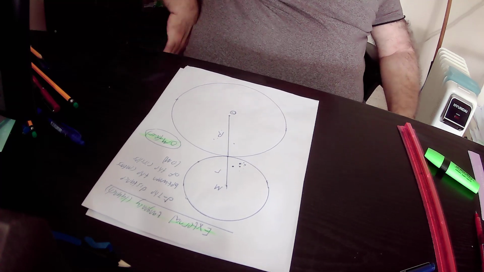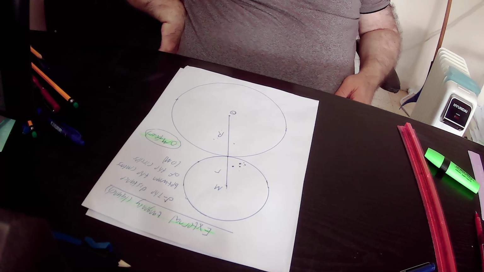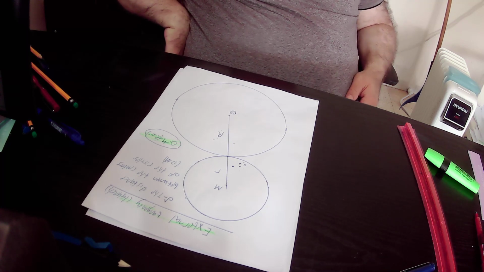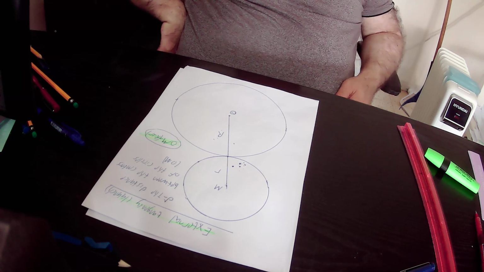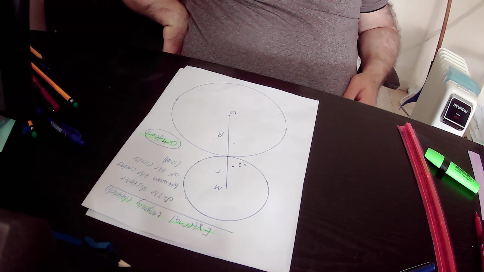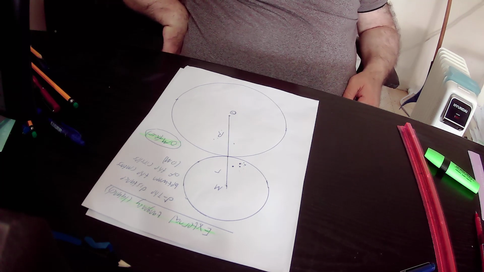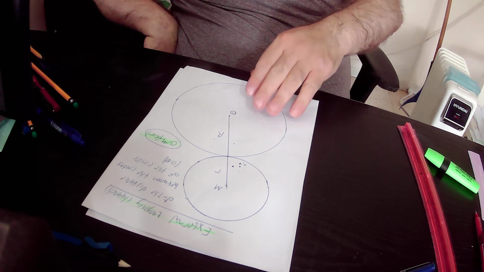When 2 circles are touching each other externally, then it is defined as external tangency, and the distance between the centers will be equal to the sum of the lengths of the radii. In this case, it will be equal to capital R plus small r.